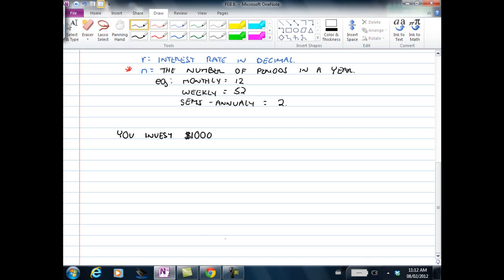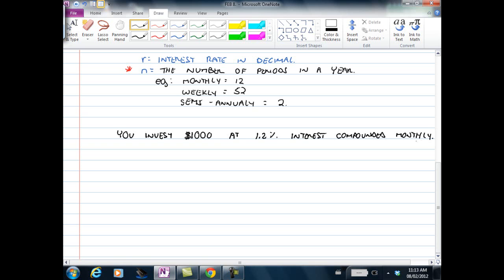2 years ago, you invest $1,000 at, now TD right now charges roughly 1.2% interest, compounded monthly. So that's TD.